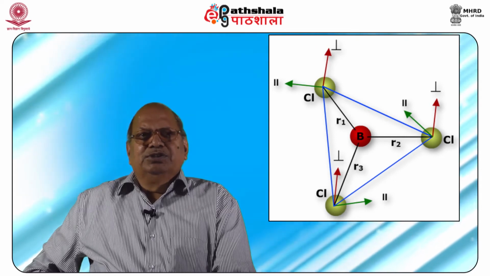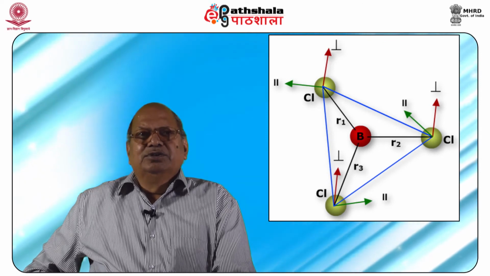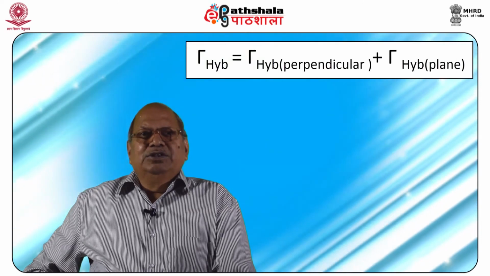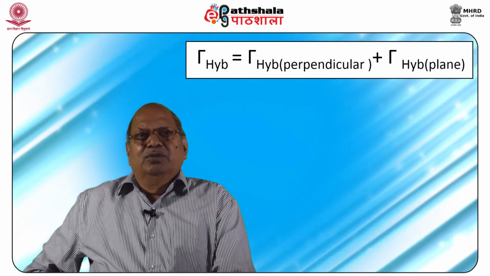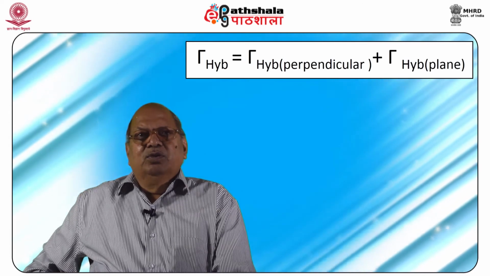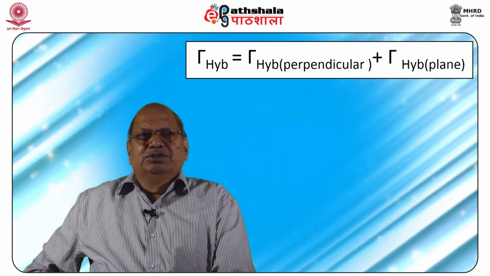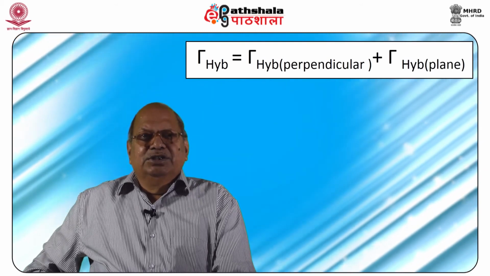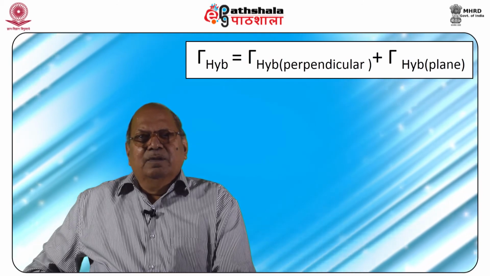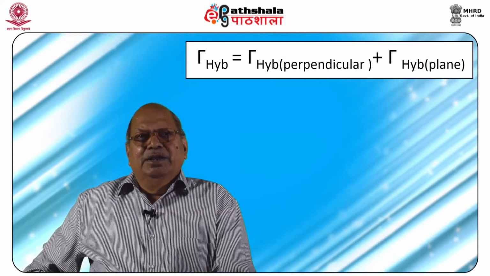Thus, we have two distinct sets of vectors which can form two distinct reducible representations. One set is 3 perpendicular vectors, another set is 3 vectors in the plane of the molecule and perpendicular to the B-Cl bond. Thus, the problem can be easily solved by taking two distinct sets as the basis for representation, or I can say Γ hybrid equals Γ hybrid perpendicular plus Γ hybrid in plane.